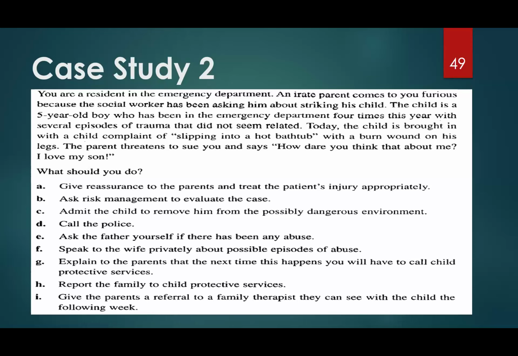Speak to the wife privately about possible episodes of abuse. Explain to the parents that the next time this happens, you will have to call Child Protective Services. Report the family to Child Protective Services. Give the parents a referral to a family therapist they can see with the child the following week. What is the best choice in this case?